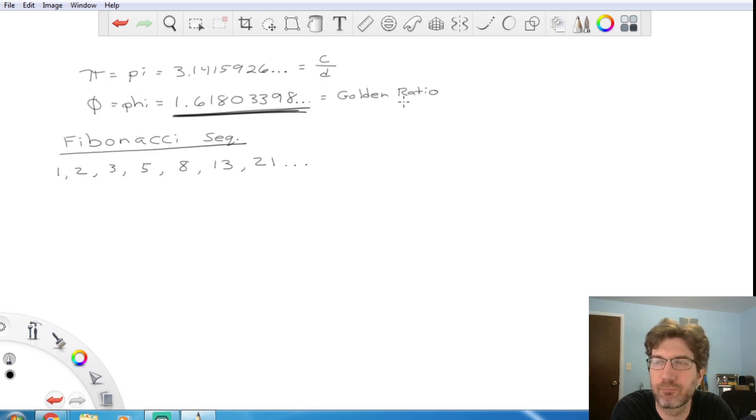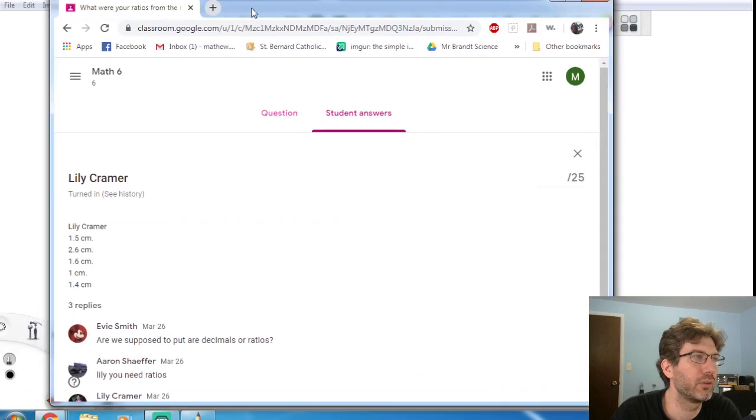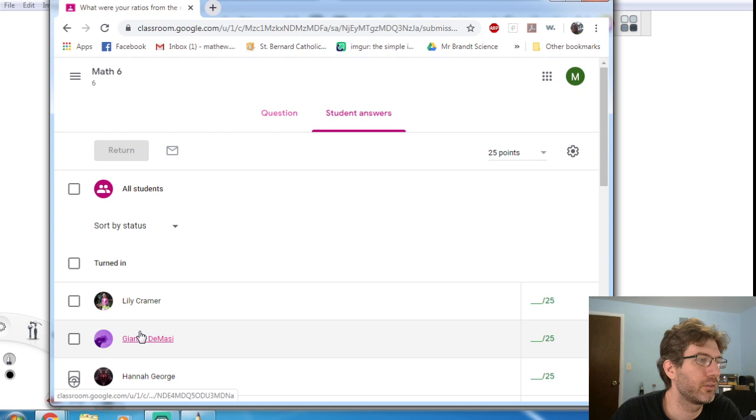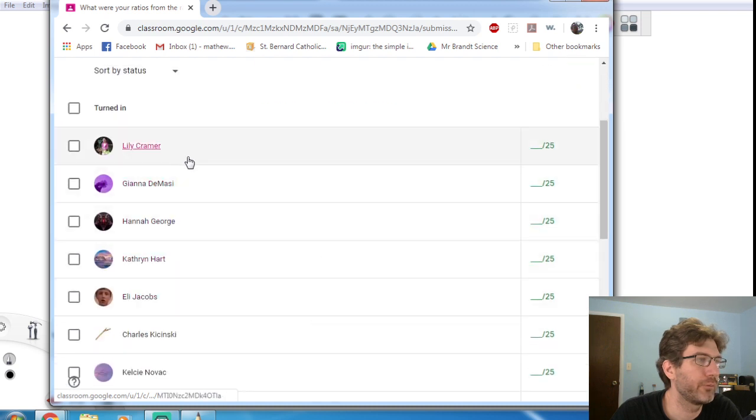But if you have 3 empty, then you need to find more from the discussion, Ryan. So you should be putting yours in there, and then you should be putting 5 other people's. Student answers, like I'm looking at it.